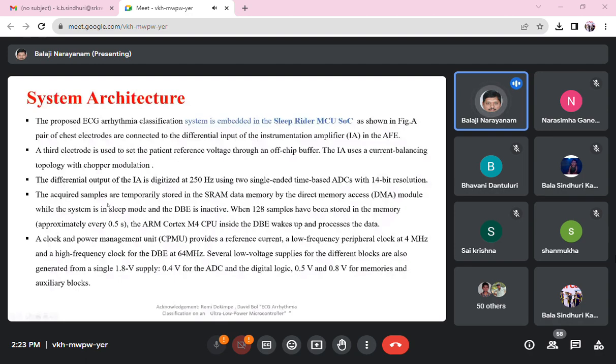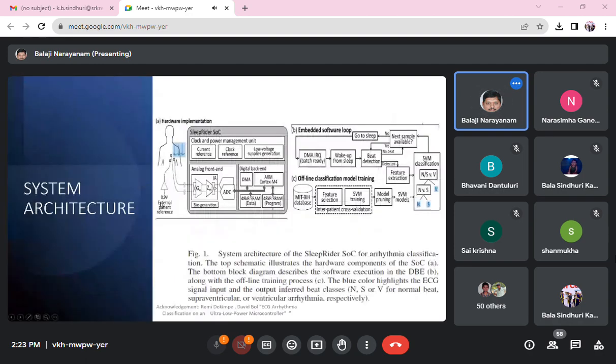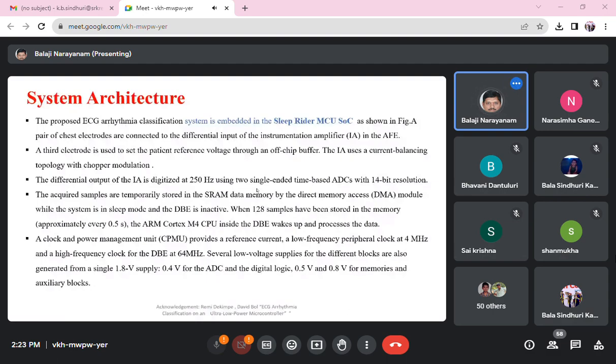The acquired samples are temporarily stored in the static RAM. Here we have shown two SRAMs of 48 KB size: one for program memory, another for data memory.